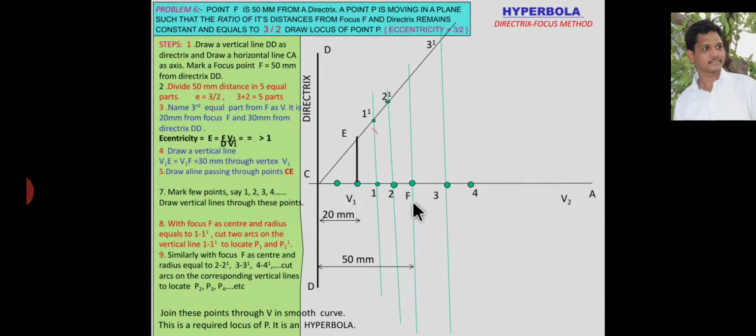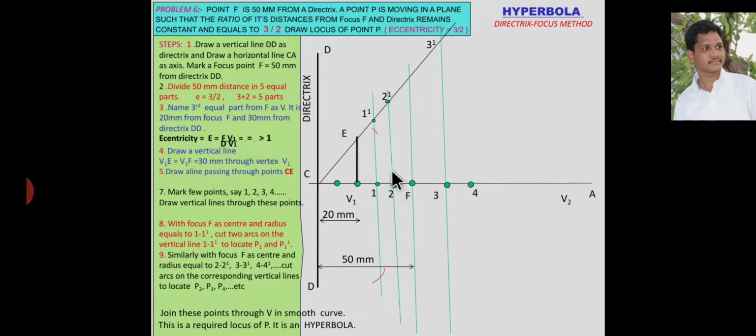Now with focus F as center and 1 dash as radius, draw arcs on the 1 dash line. Consider 1 dash as radius and F as center, draw arcs on the 1 dash line.